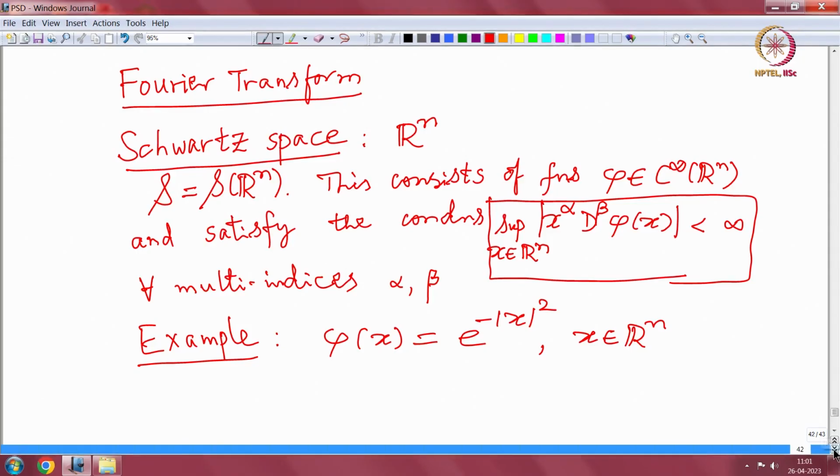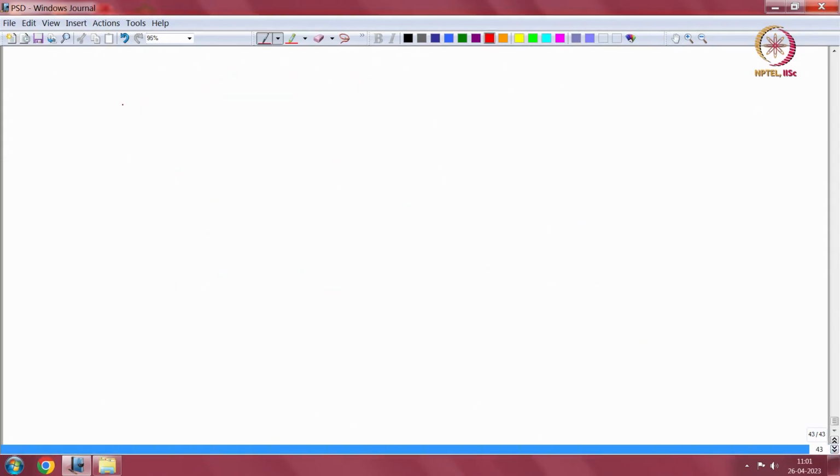So it's very easy to verify that S is a linear space. So that's a vector space. Okay, so if you are used to this terminology, if you take complex valued functions, then S is a complex vector space. Otherwise, it's a real vector space.